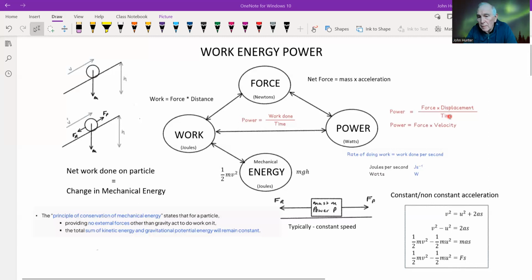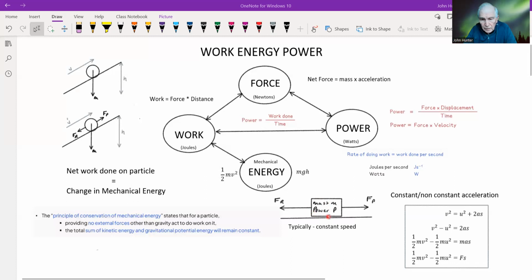Displacement divided by time is velocity. So power can also be expressed as force times velocity. And this little equation here is one which is going to be more common in the type of problems that you're going to be encountering. So that's how that works.